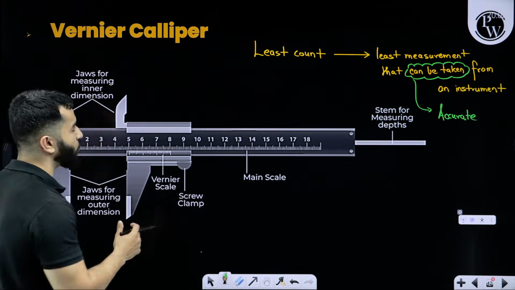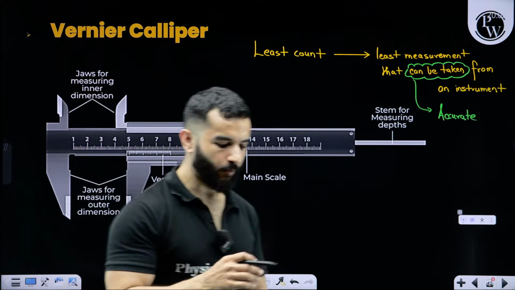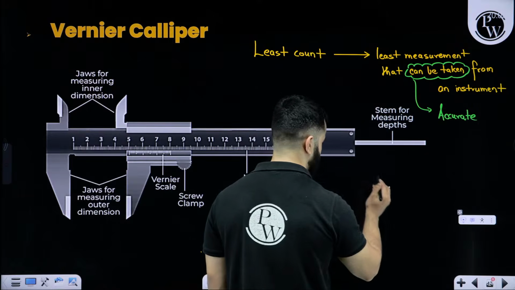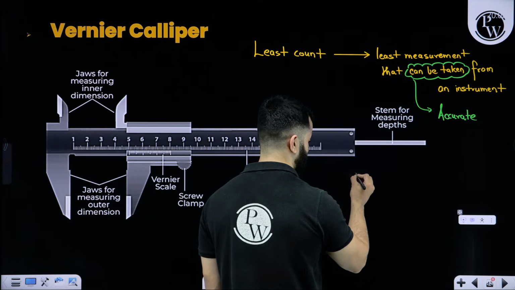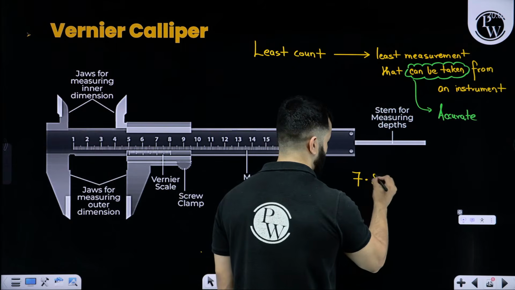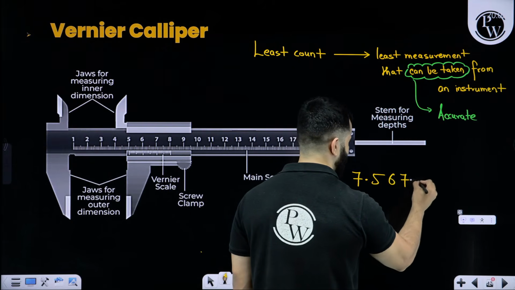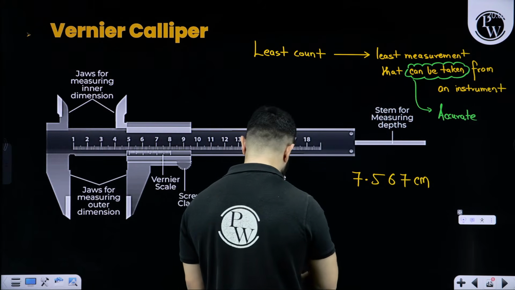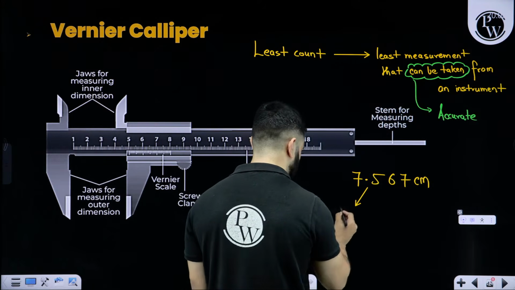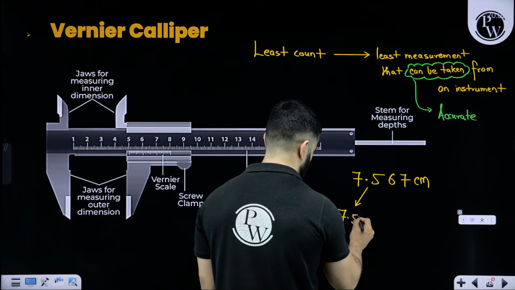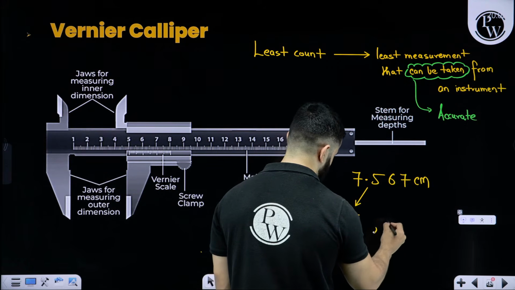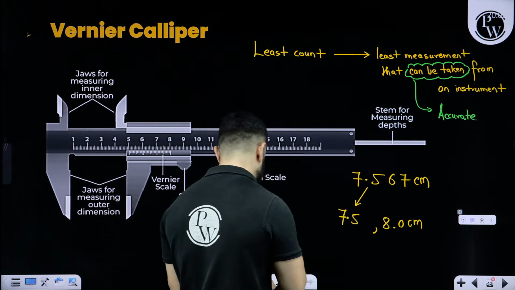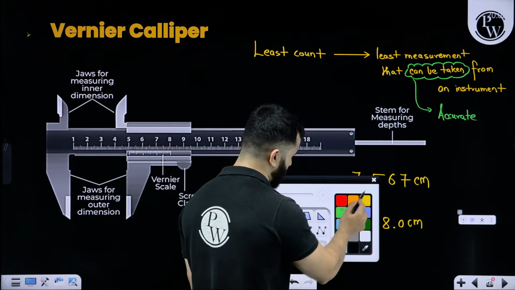So we won't be able to measure a length something like, let's suppose, 7.567 centimeter using a linear scale. Using a linear scale, you can measure 7.5, or after that you can measure it as 8 centimeters. That means you can give your answers as precise, but it won't be accurate.